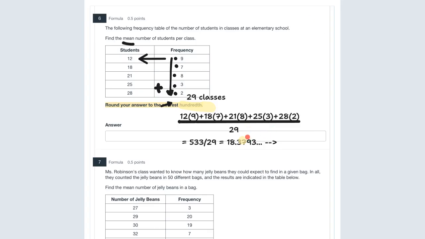So the 9 tells me to round up, so that it'd be 18.38. And this is students per class. Students per class. So in my box here, I'm going to put 18.38.